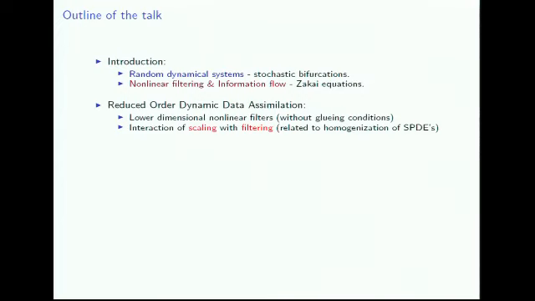And then I will talk about scaling and how filtering interacts. So you can't throw out terms. You may throw out terms which are small when it comes to homogenization, but when it comes to filtering, you have to make sure that they don't have information that is useful in assimilation. So it's a very subtle and fine point.